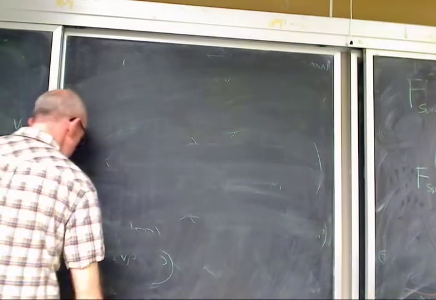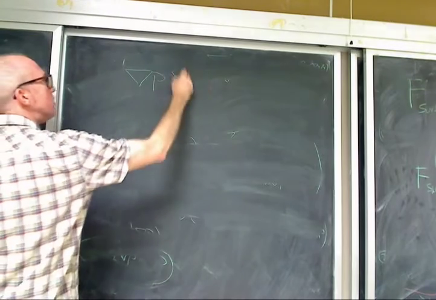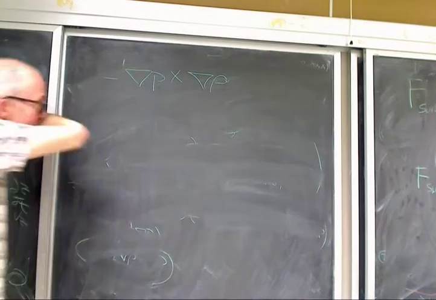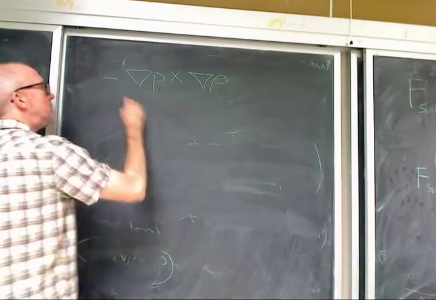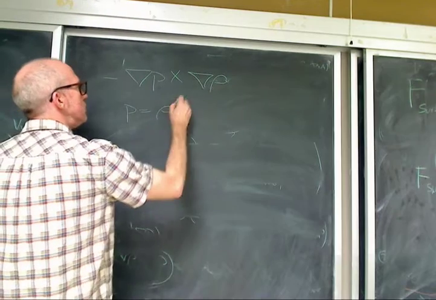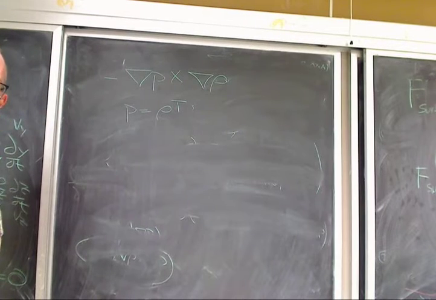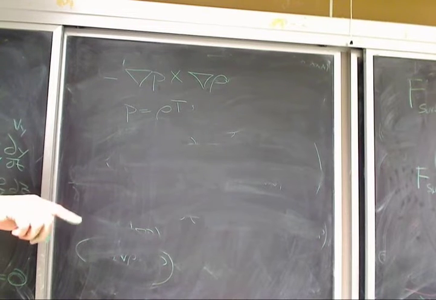Why do I get to throw that out? Grad p cross grad rho. Oh, it's the other way around. Grad p cross grad rho. Well, p equals rho T times some number. PV equals nRT. I put the V on the other side. N over V is density.